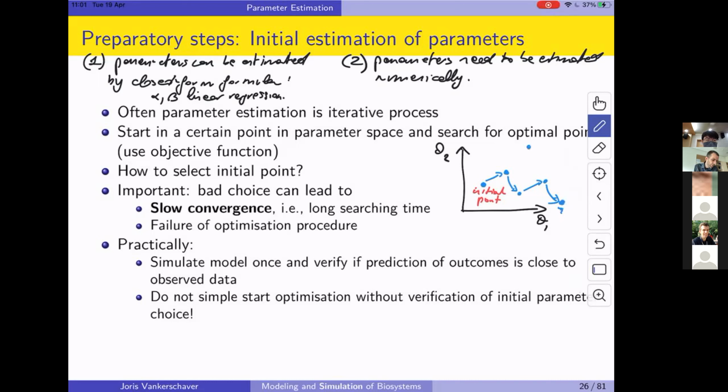So let's say I take another initial condition and now my model does some other exploration, but eventually it gives me a final parameter value that is close to the one that I had before. Then you can say, okay, I'm probably in a region of the parameter space where things just work. So I can be confident that what I get out for the parameters is going to be correct. So either one of those is probably going to give you a good initial condition and hence a good estimated set of parameters to work with.